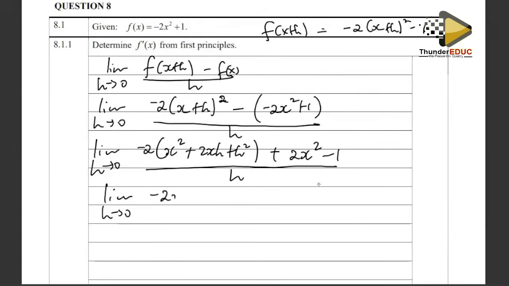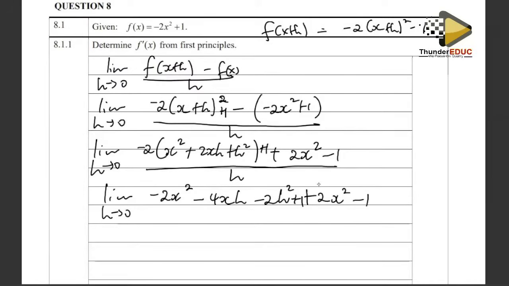We have negative 2x squared minus 4xh minus 2h squared plus 2x squared minus 1. Did I leave out something? Looks like I left out something. Because this is supposed to be a 1 somewhere here, meaning that there's a plus 1 that I left out.